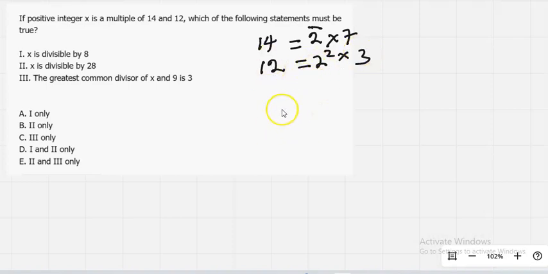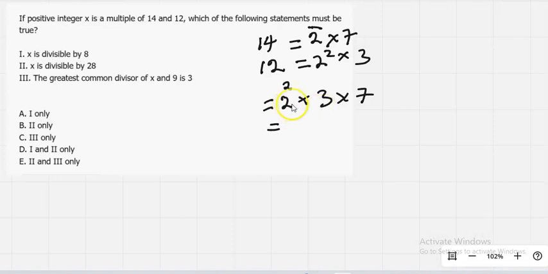In the LCM, you pick all the prime factors in the two numbers, 2, 3, 7, and then you use their greatest power. The greatest power for 2 is 2, for 3 it is 1, and for 7 it is 1.